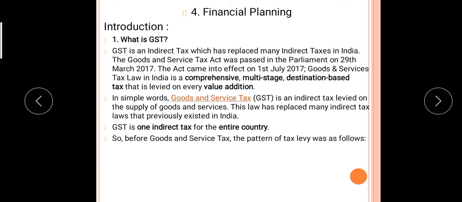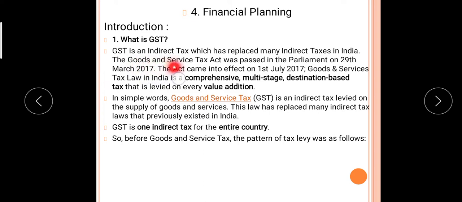Now students, see that GST is an indirect tax which has replaced many indirect taxes in India. Before GST we paid so many taxes, so that is reduced and only one tax came into the market, and that is GST.